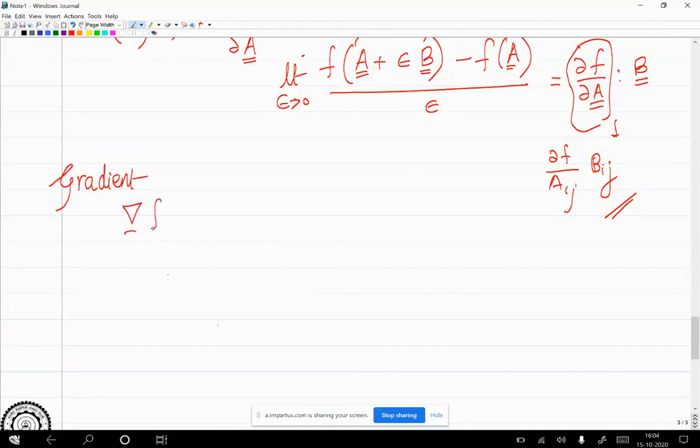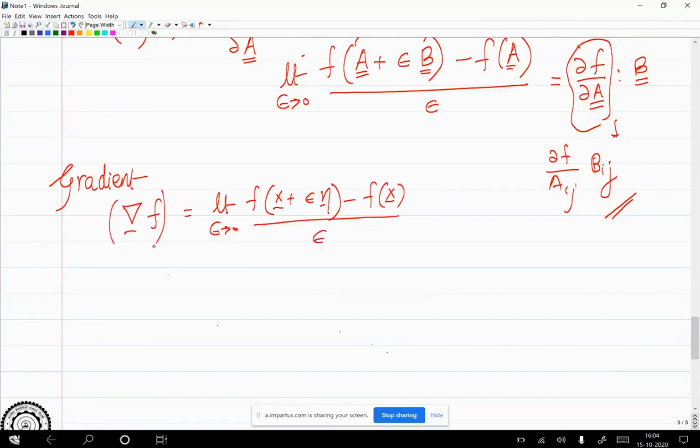We define the gradient of f using the fundamental theorem as the limit, epsilon tending to 0, of f of x plus epsilon times eta, minus f of x, divided by epsilon. The left hand side is actually the gradient of f dot with eta. So that's how you can extract the gradient of f.